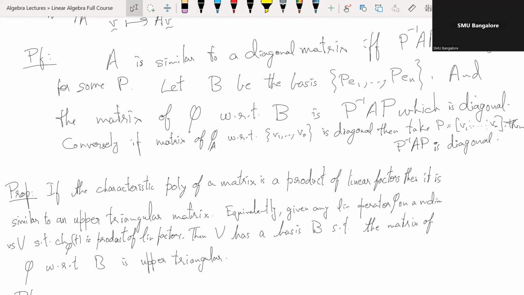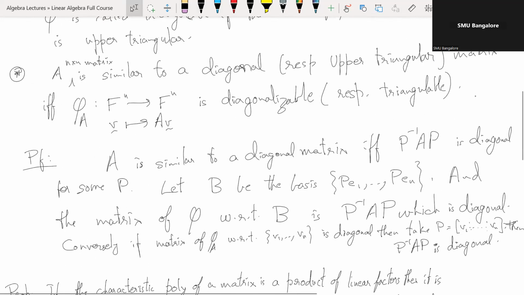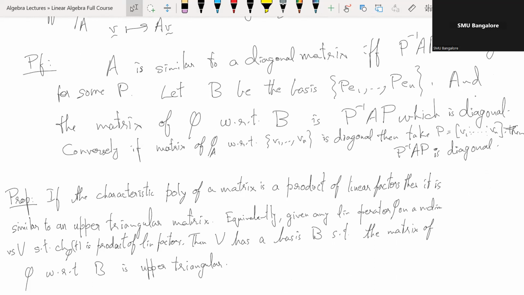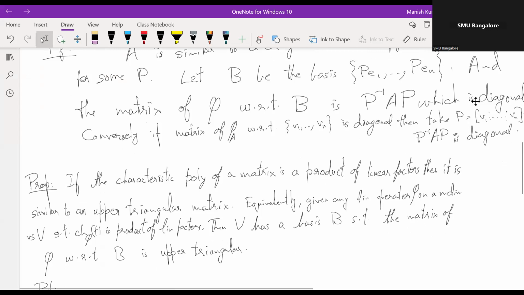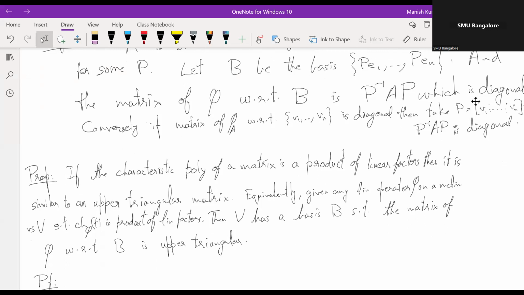Or, since I wrote that definition, I could say that phi is upper triangulable. So the two statements are equivalent, and we only have to prove one of them. We'll prove the matrix version.